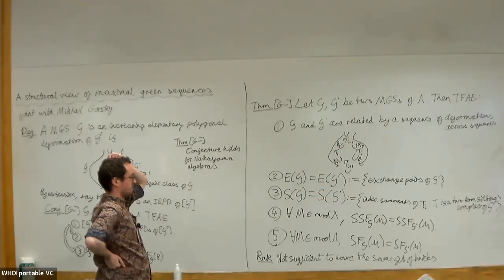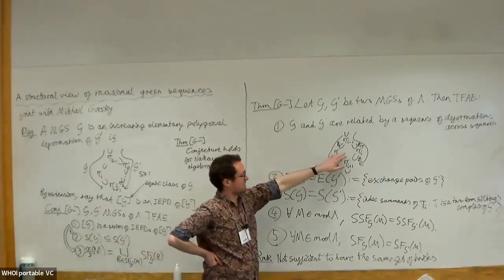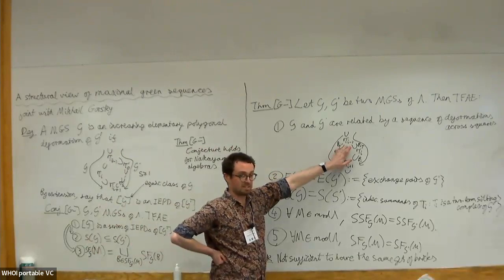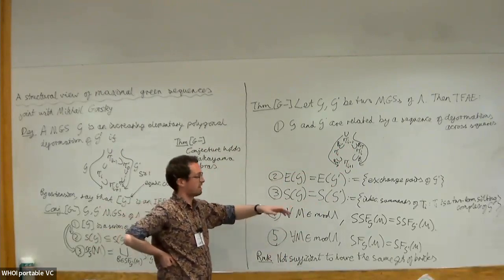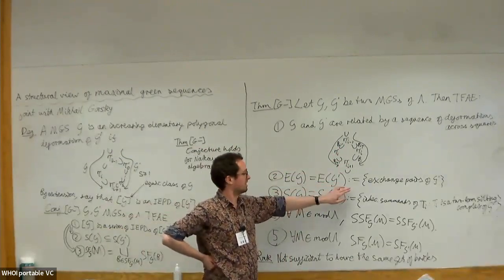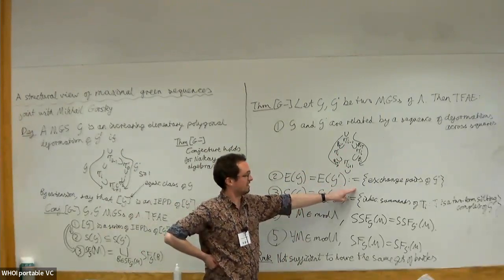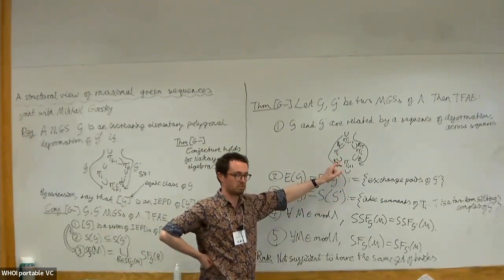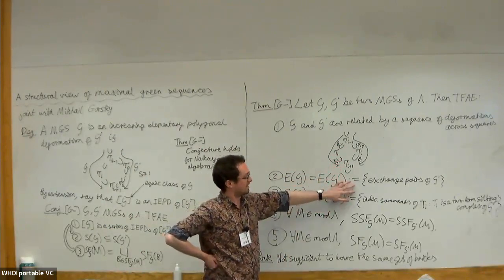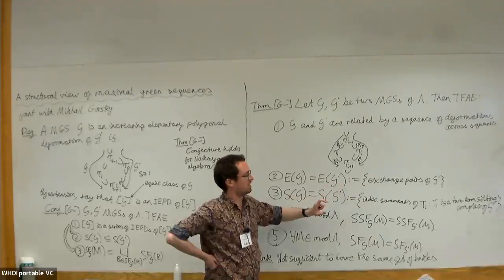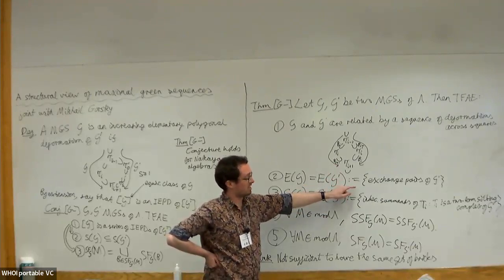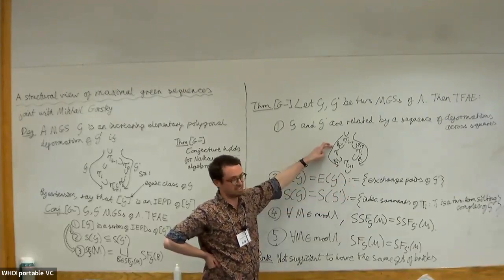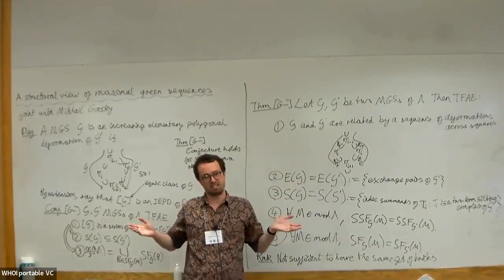So you look at the point where they diverge, you have two particular summands in the exchange pair there. Because the summands are equal, those summands actually appear later somewhere in the maximal green sequence. So you look at where they appear later, and then you try to move them backwards by deforming across the square. If you find that you can't, there's a point where you can't move it backwards, then you must have some summand which occurs in the other maximal green sequence after the exchange pair, and you get a contradiction. That's essentially how that works.